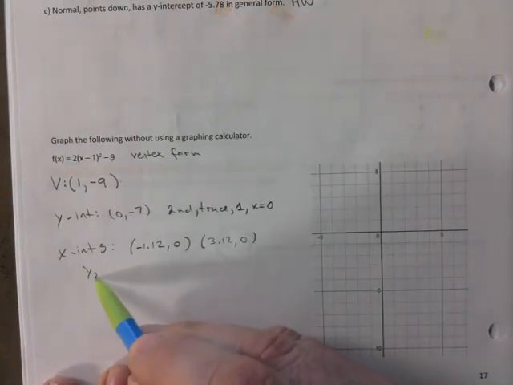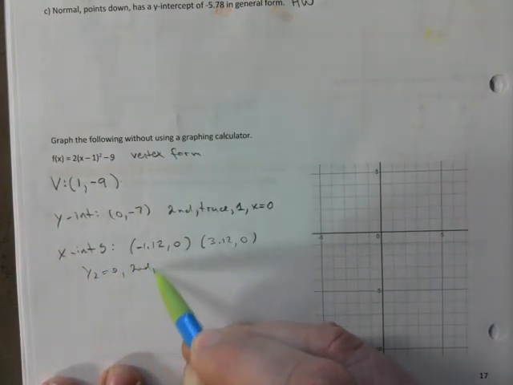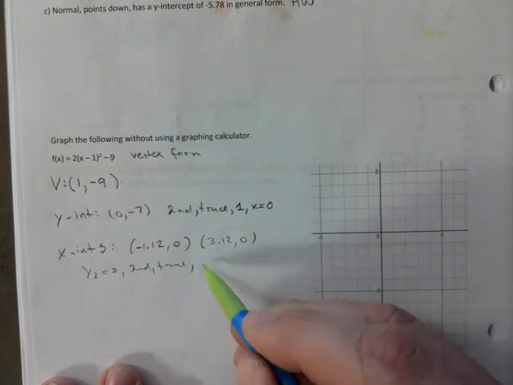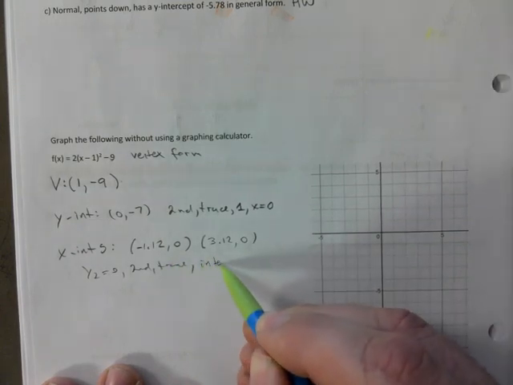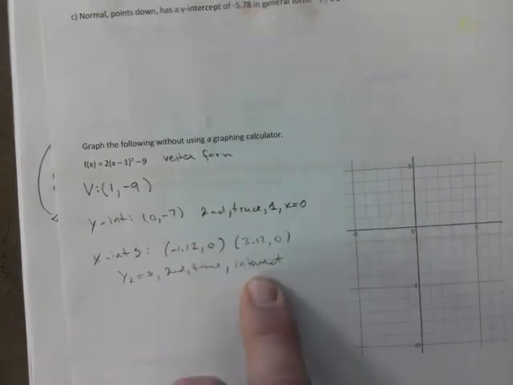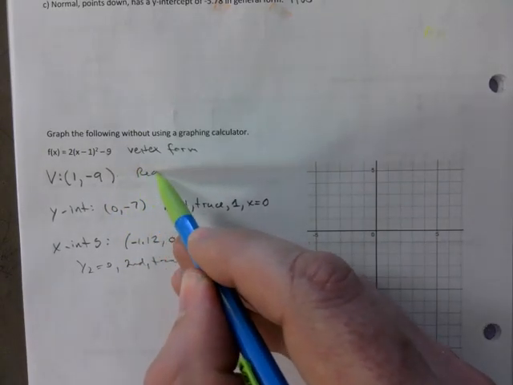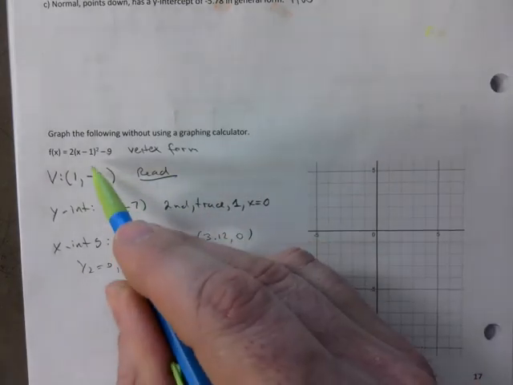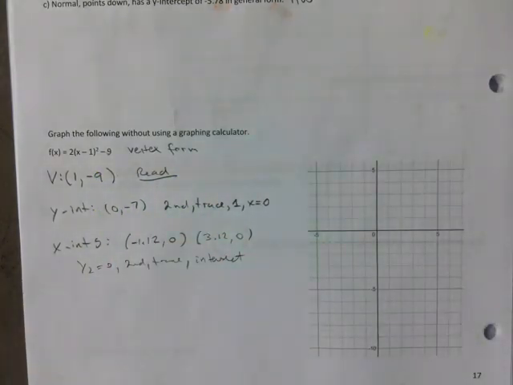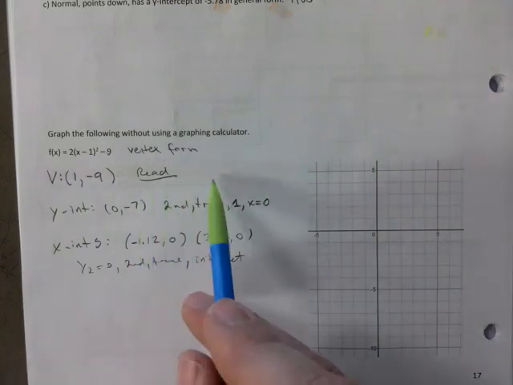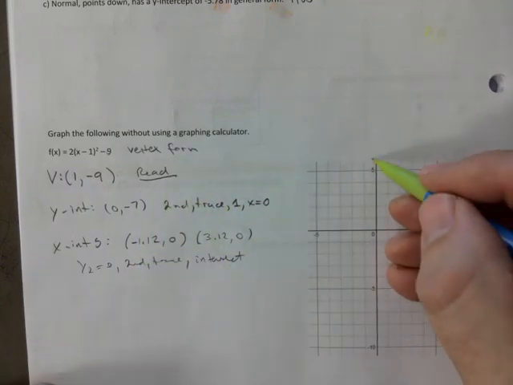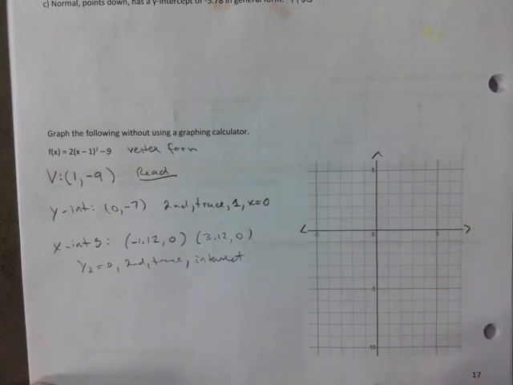What did I use? I went y2 is equal to 0. Second trace. It can look like a doctor's note. Okay, I'm not too picky with that. But make sure you tell me you use the calculator there. This one you just read. Okay, I just read that off the equation. If you use your calculator, no problem, just tell me. Okay? Most of the time, it will be just like that.